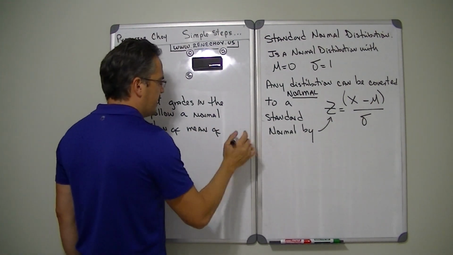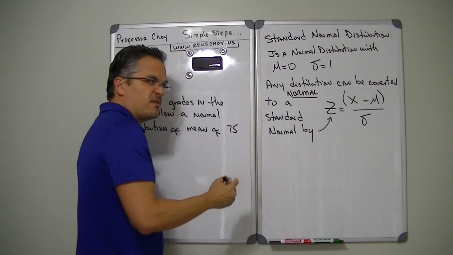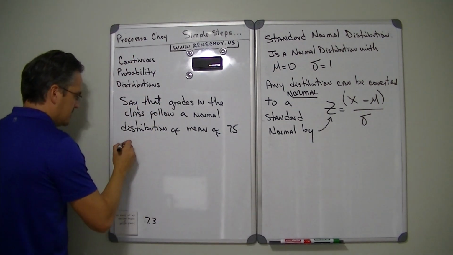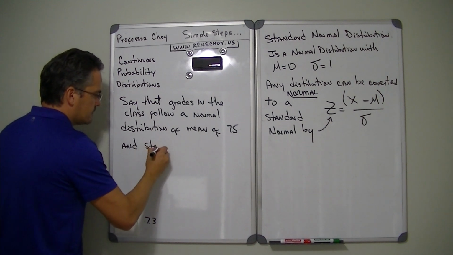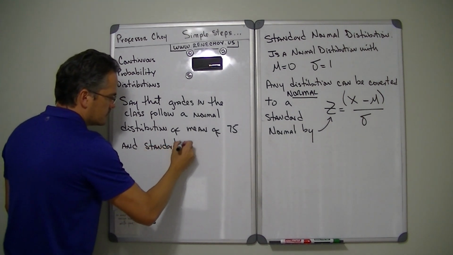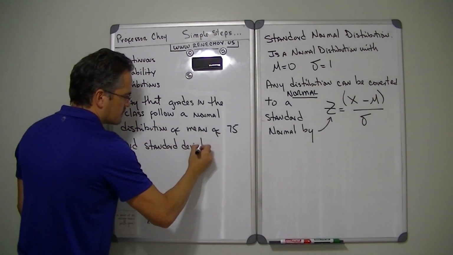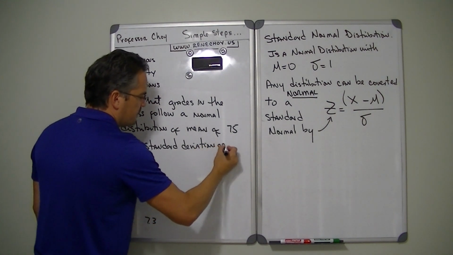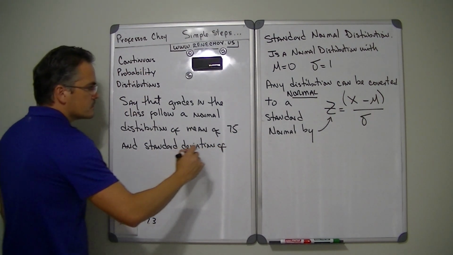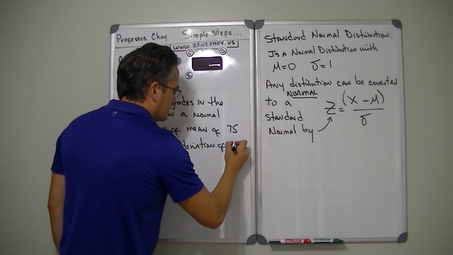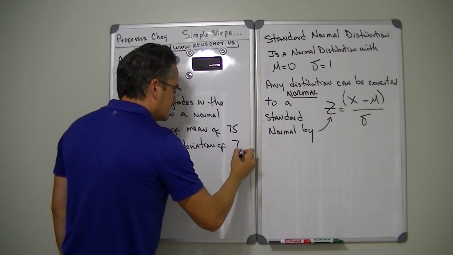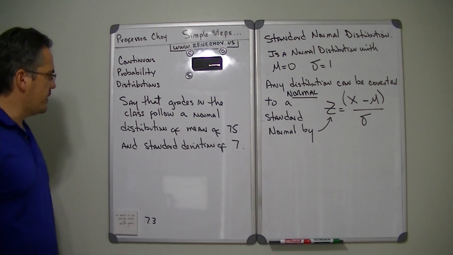That's kind of low for a mean. 75, it's a better mean. And standard deviation of, let's use 7. Yeah, 7's okay.